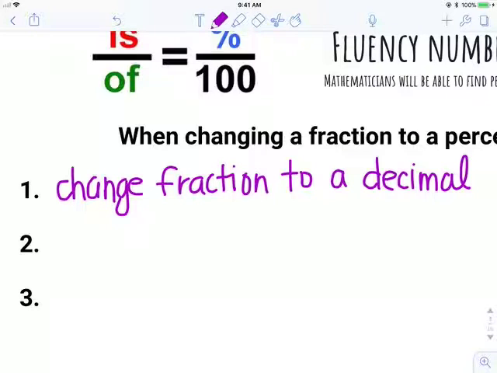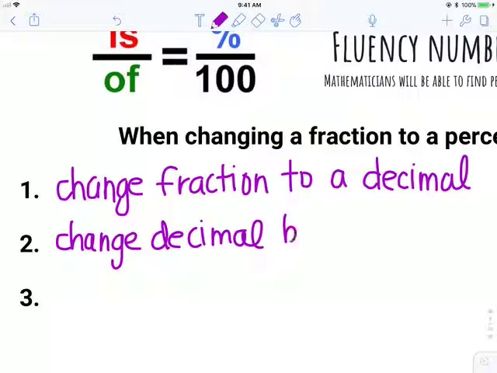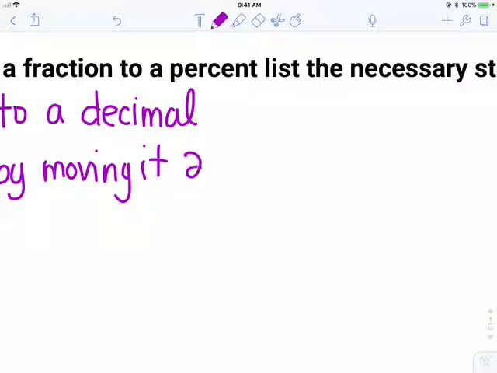Step number two, change the decimal by moving it 2 places to the right.